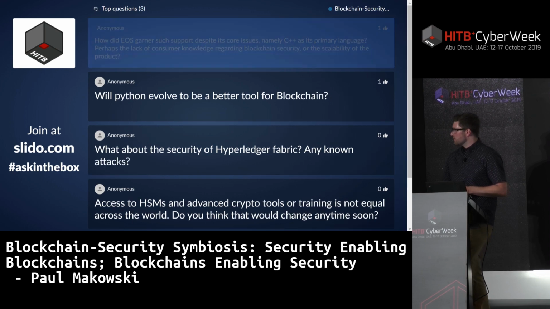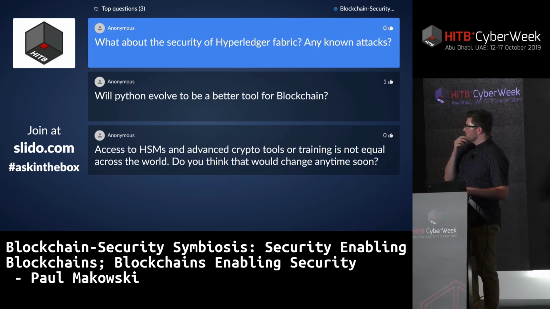Okay. All right, one just disappeared, but what about the security of Hyperledger Fabric, any known attacks? That's a great question. To be frank, I've studied Hyperledger a bit less than Ethereum. What we're building at PolySwarm is based on top of Ethereum. But Hyperledger is a lot more customizable than Ethereum.